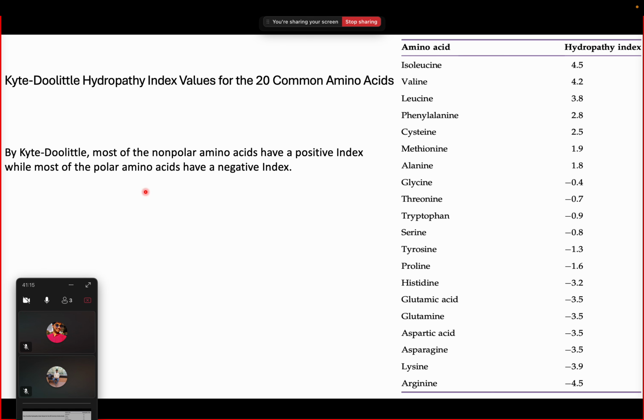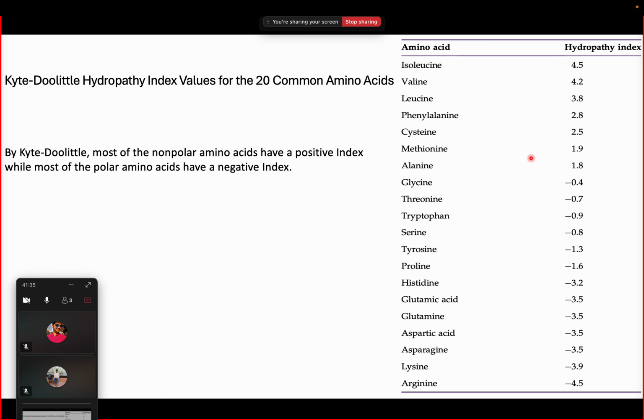You can see the representative hydropathy indexes of all the 20 amino acids according to Kyte and Doolittle. Most of the non-polar amino acids have a positive index, while most of the polar amino acids have a negative index.